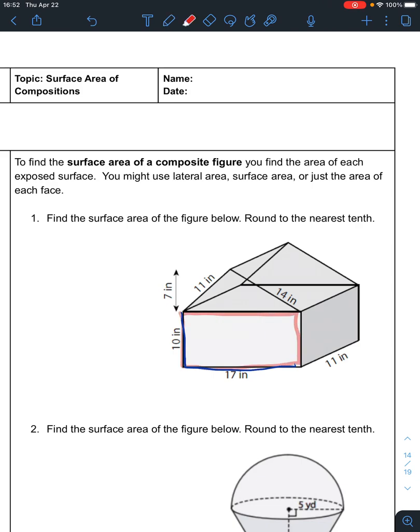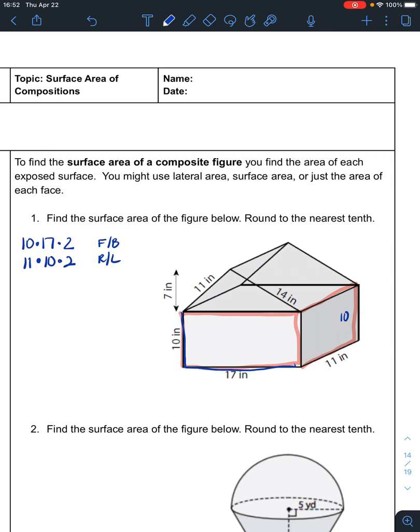Well, there's a front and a back. That's a rectangle. So that would be 10 by 17, and there are two of them. Okay, so that gets your front and your back. Then we need our right and our left, and so then we can add our 11 by 10 right here. We've got an 11 by 10, and we have two of those.